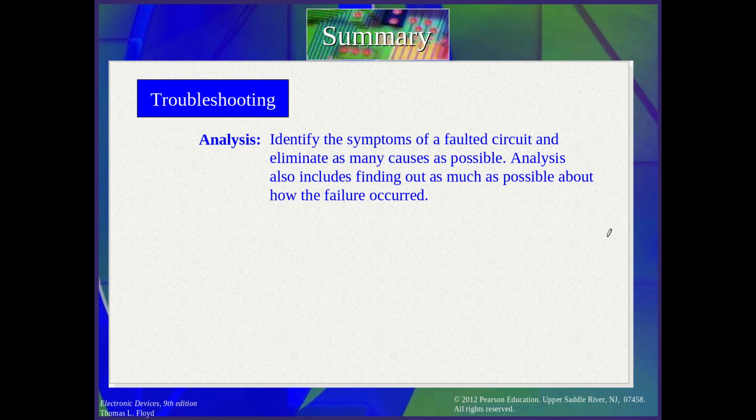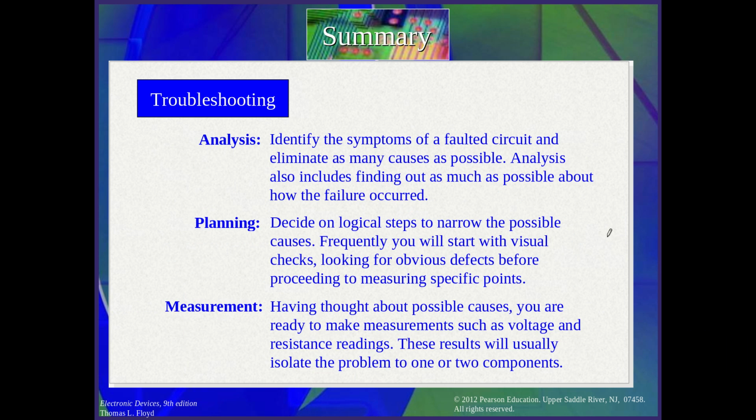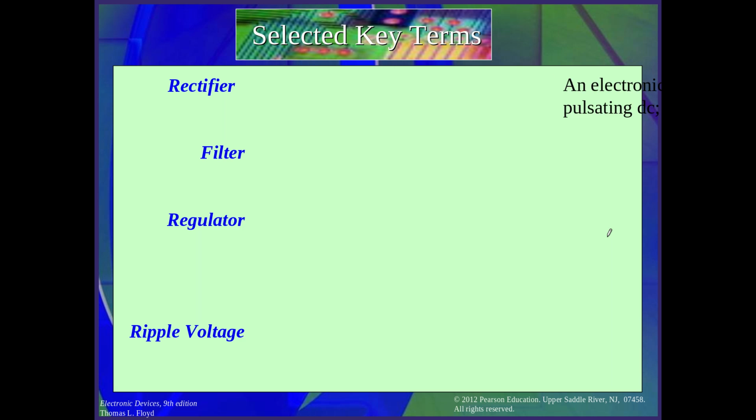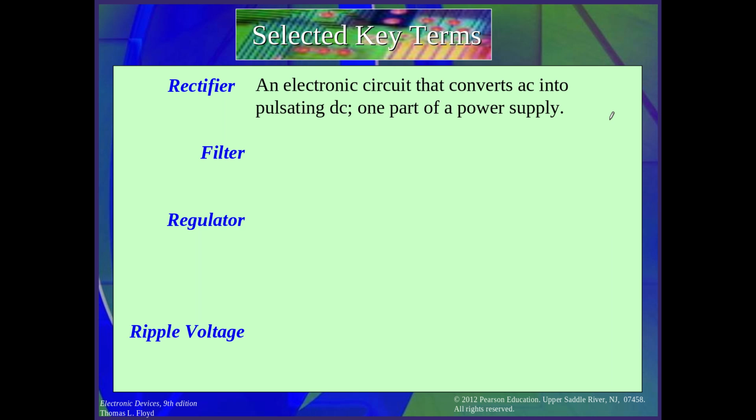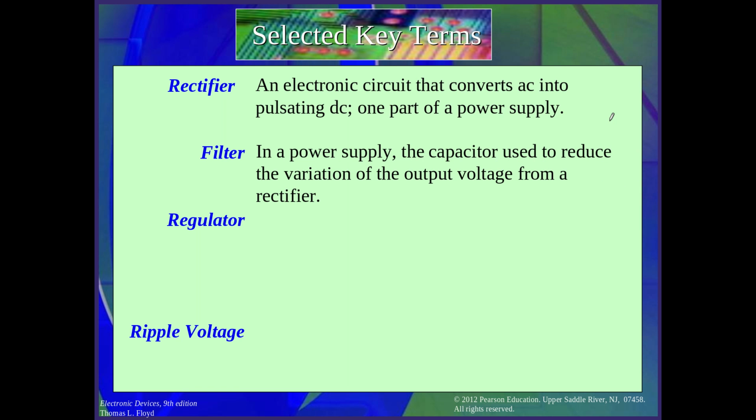and have information about it. Now today we spoke about the rectifier, which is an electronic circuit that converts AC to DC, one part of a power supply. The filter in the power supply is a capacitor used to reduce the variation of the output from the rectifier, removing the ripples.